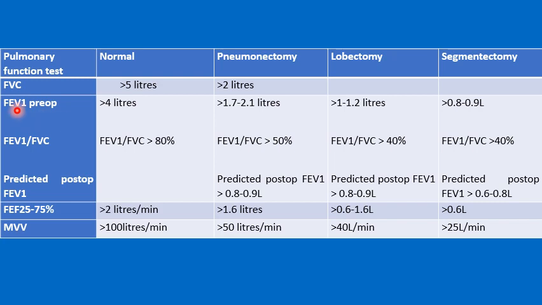So that is why FEV1 is important. The postoperative predicted FEV1 should be a minimum of 0.8 liters for pneumonectomy, lobectomy and segmentectomy. For all the cases it is the same.